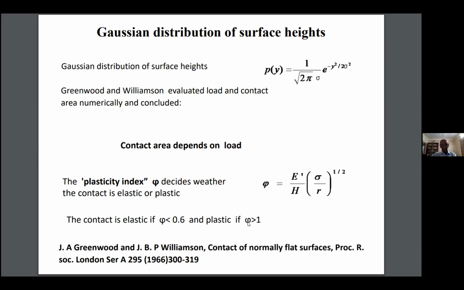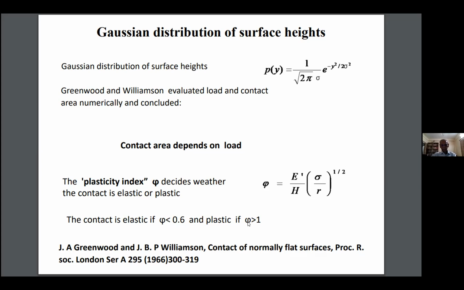But if it is elastic, there will be recovery, and the loading can be reduced or increased depending on what we want. So it is a wonderful contribution by Greenwood and Williamson to decide whether the contact between the two rough surfaces is elastic or plastic depending on this plasticity index.